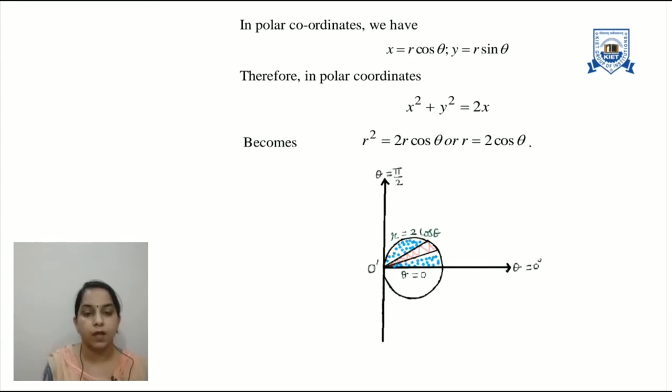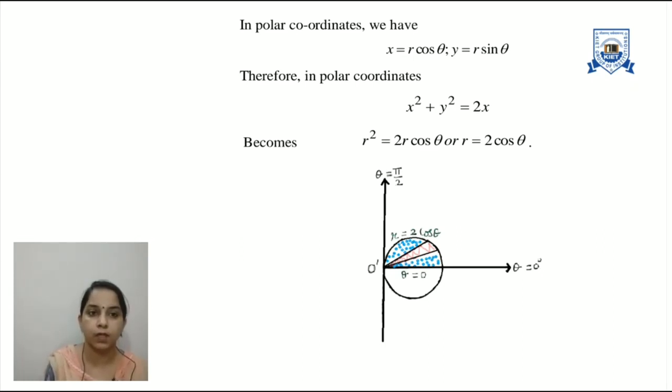And we have learned in curve tracing that the circle r equals 2 cos theta is the circle that is shifted on the line theta equals 0, or initial line. Now the region of integration is shown here with blue dots. We have taken this part, the upper half of the circle r equals 2 cos theta.